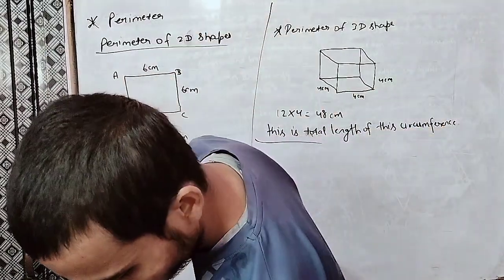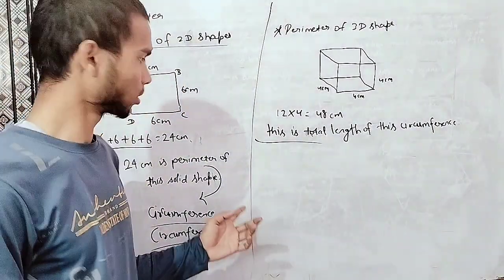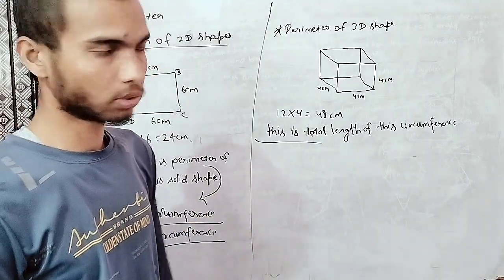Now let's talk about area. We talked about the perimeter of a solid shape.